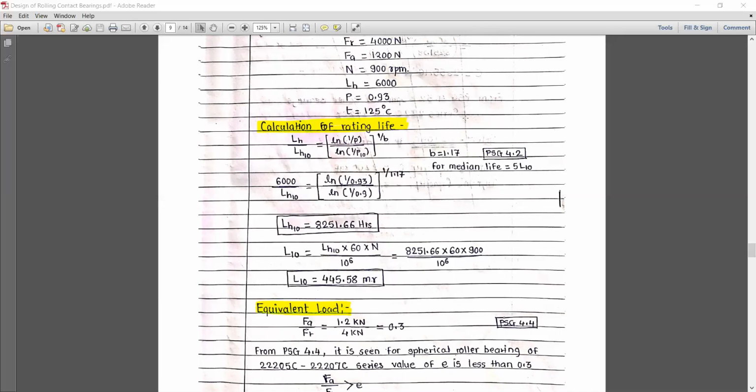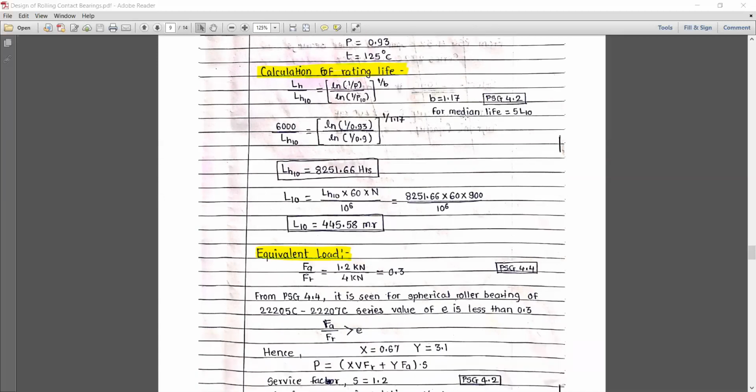As we know, as the probability increases, the rating life decreases. Here the expected life was 6000, but when the probability is reduced, the life is increased.